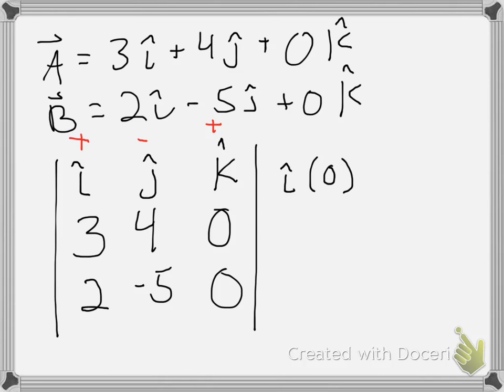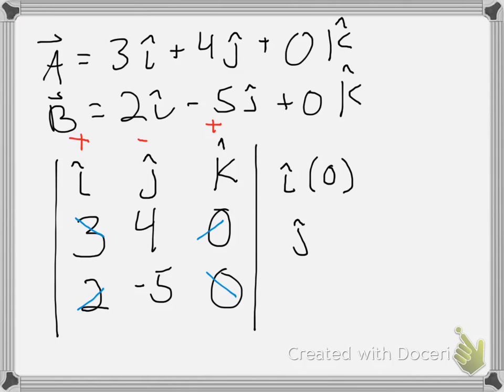And then, without writing a sign, I'm going to move down since I'm running out of room, and I'm going to do the same thing, expanding about j. I can't draw nice clean diagonals on this one, but what I'm going to do is multiply this component by this component, and then subtract that product from this component times this component. Let me do that again so you see what I'm doing. Basically, this times this minus this times this.